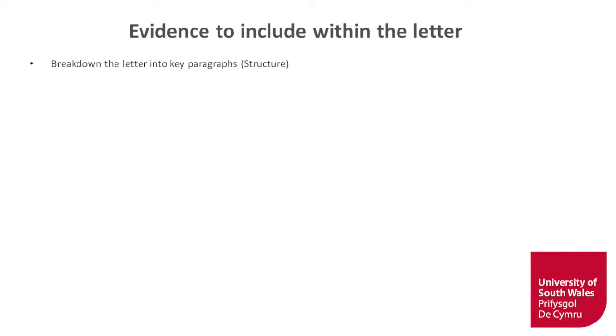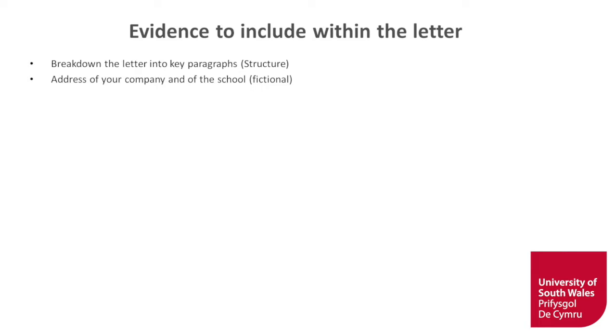That there's paragraphs, it's structured, that each paragraph has got a key theme. That key theme is introduced, and then through the paragraph, that key theme is developed further. So maybe when I'm marking some of your letters, I might say, right, there needs to be an introductory theme, and then you need to develop that theme through the paragraph.